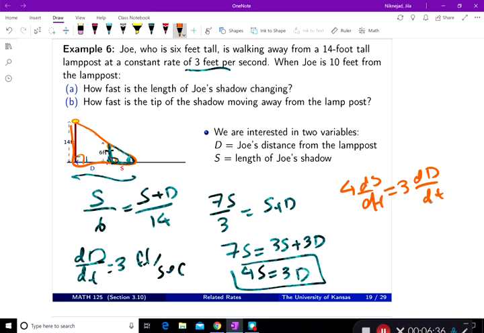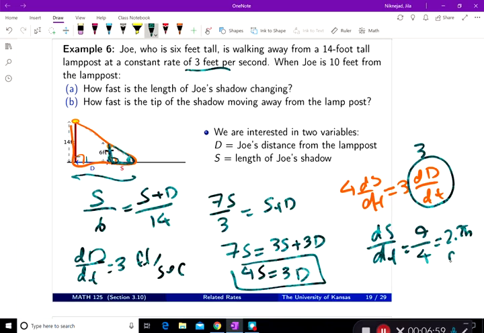I know this one is equal to 3, and then I can calculate dS/dt, and dS/dt is going to be 9 over 4, or 2.25 feet per second. So I answered the first part of the question.